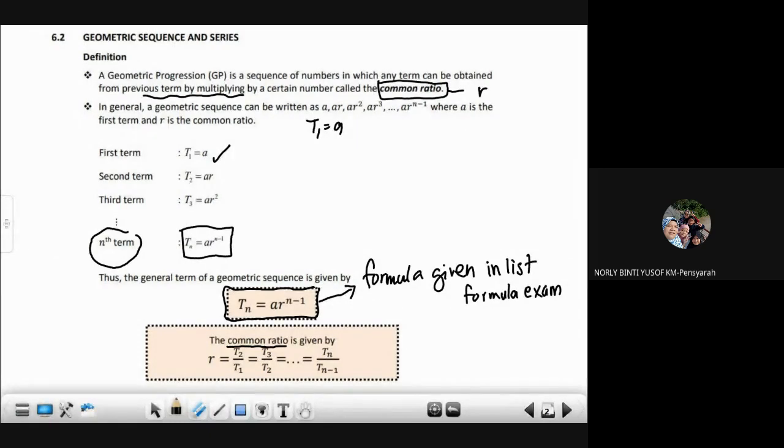Nak show that sequence is geometry. Formula common ratio ni tak ada, tapi you have to understand. Antara dua terms tu you bahagi because common ratio. Tapi kalau arithmetic you tolak because common difference. So that is basic concept on geometric sequence.